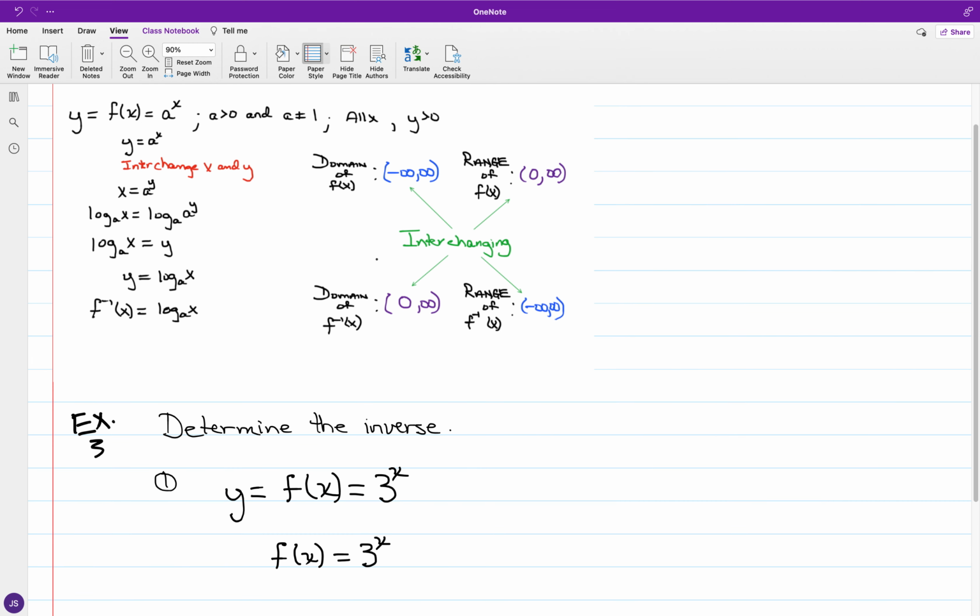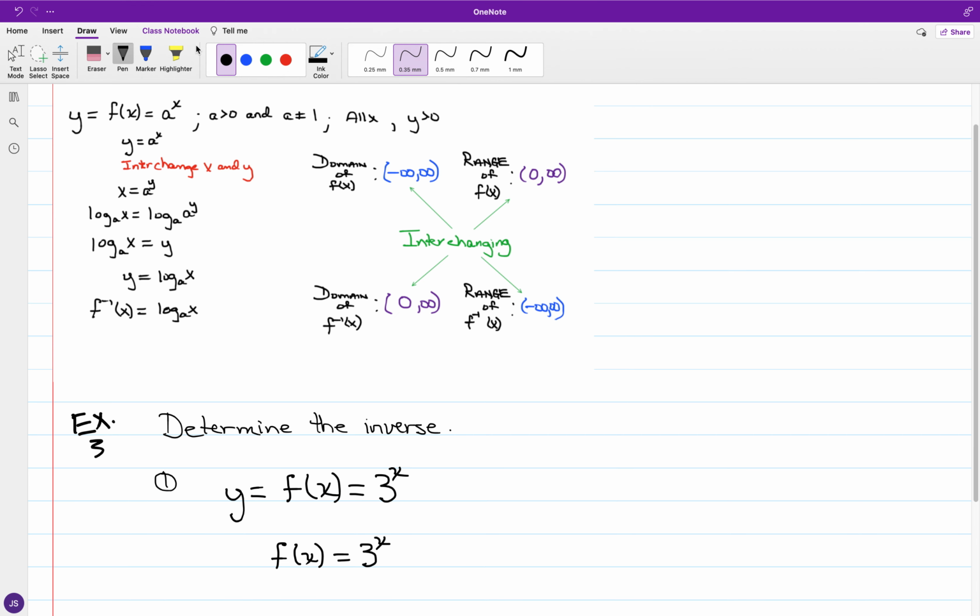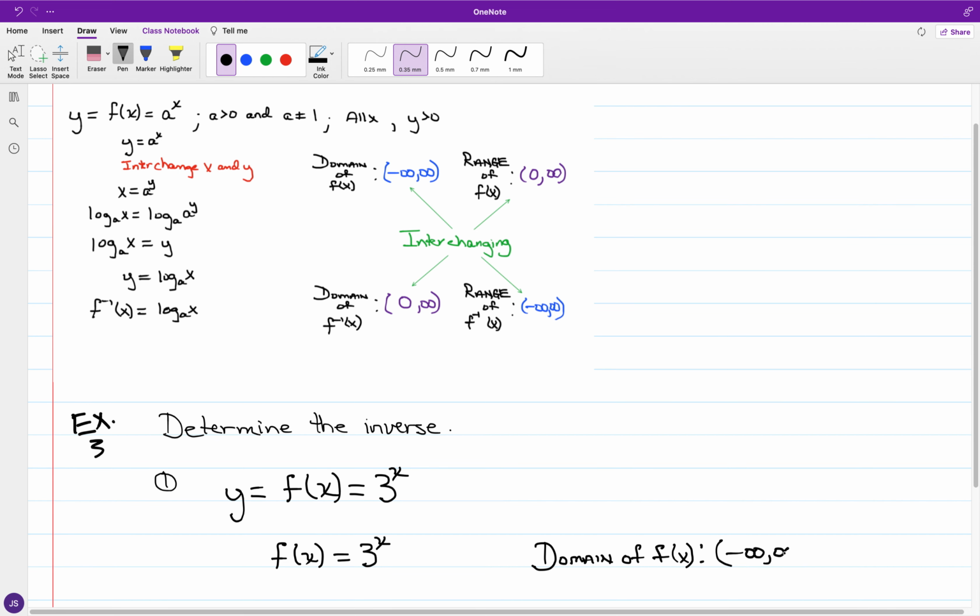And we can plug in any value for x, for the same reason. So the domain of f of x will be the set of all real numbers.